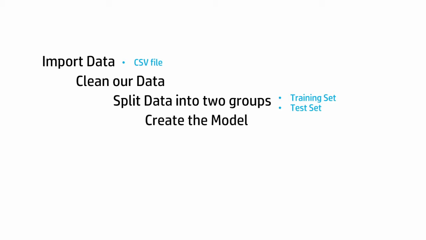Next on the list, we have to create a model of what we want to do. After we've created that model and we're satisfied with it, we're going to train it.